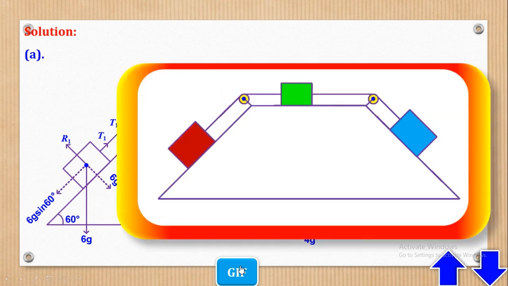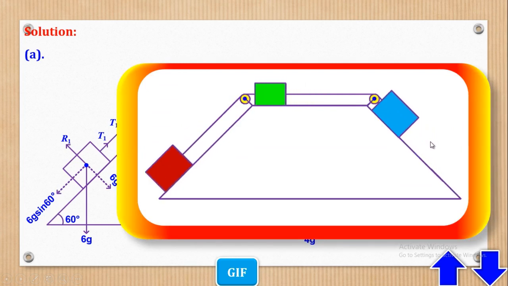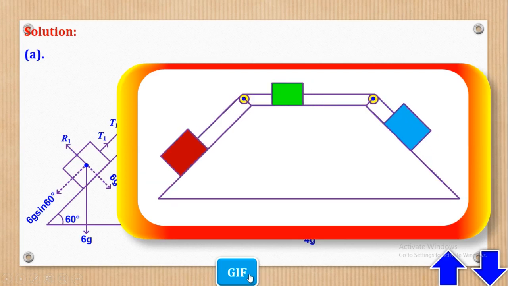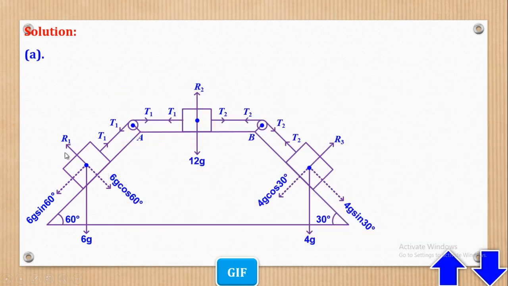So this is how the motions will be. This will be down the plane, this will be to the left, and this will be up the plane. So let's show those accelerations. But remember, these planes are also rough, meaning that there will also be friction.